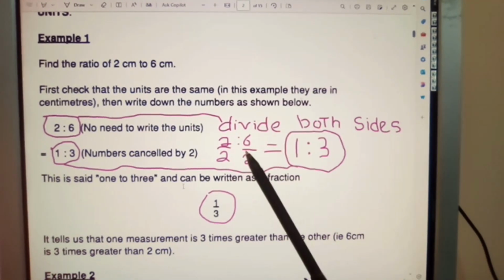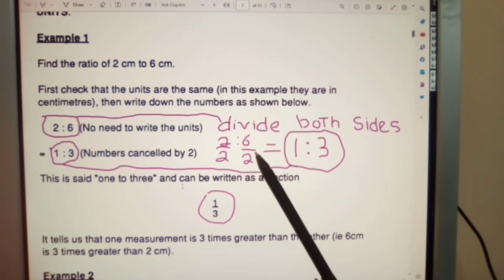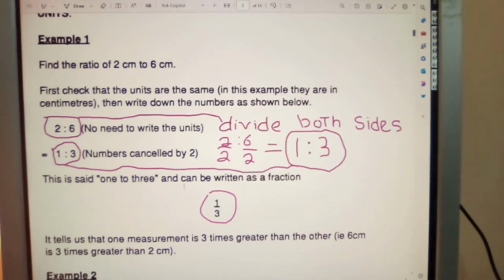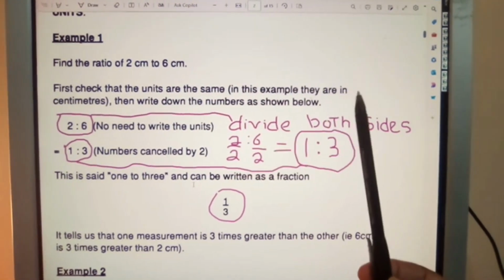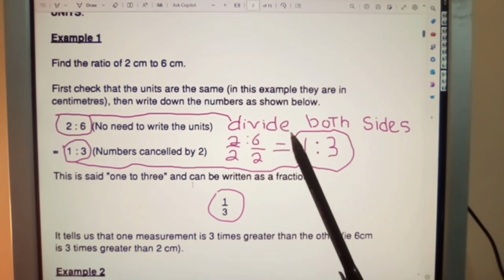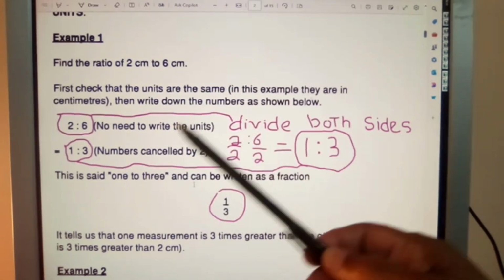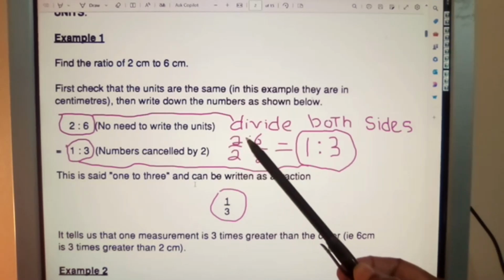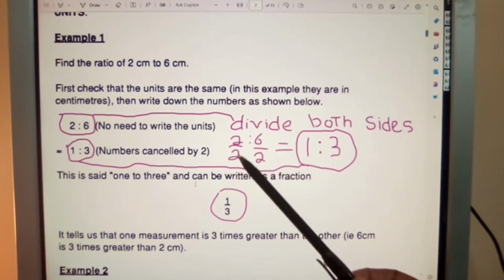Divide both sides by 2. So what I've done here is rewrite my question.